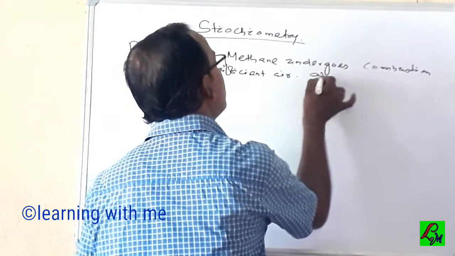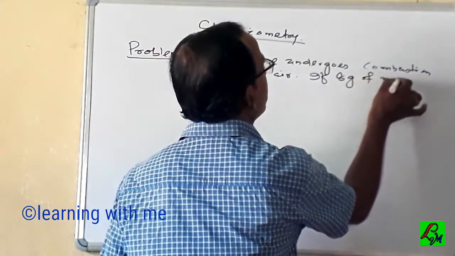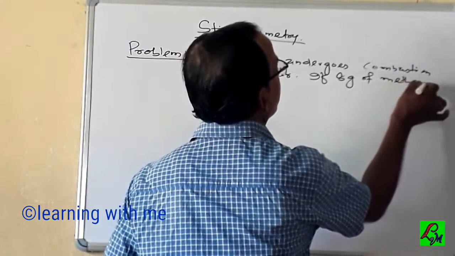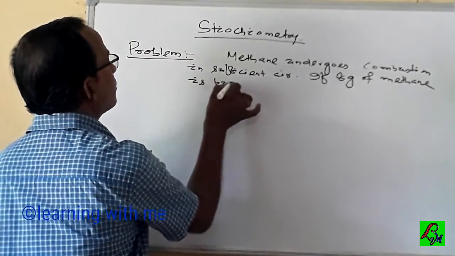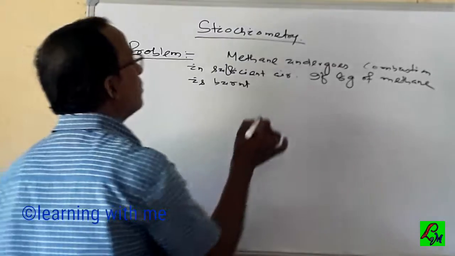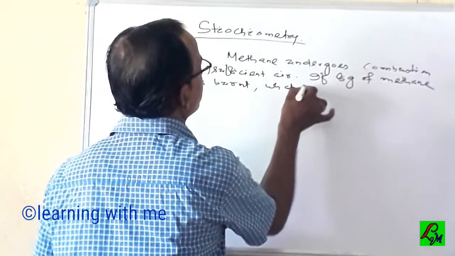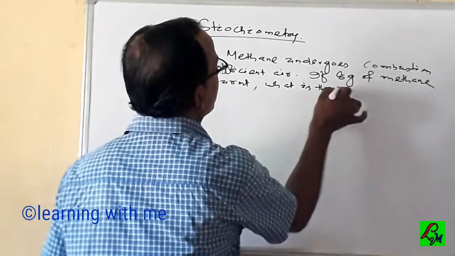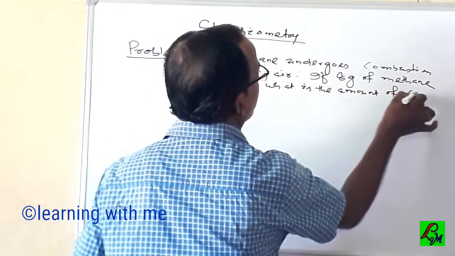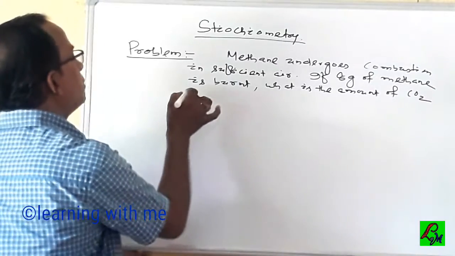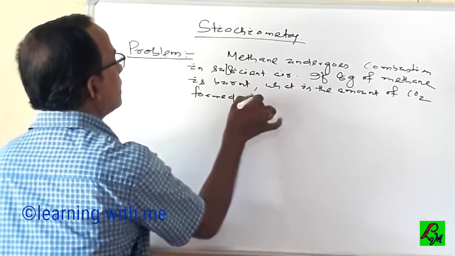If 8 gram of methane is burnt, what is the amount of carbon dioxide formed in the reaction?